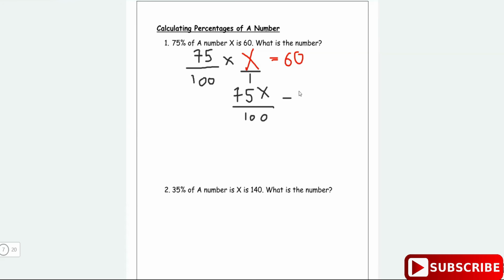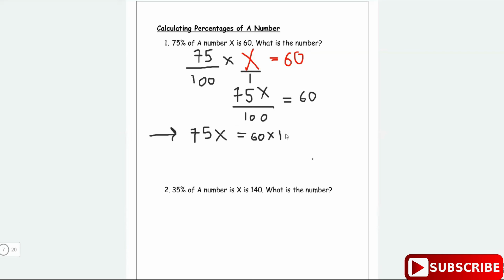That's writing it as one fraction. Then we can cross multiply, and cross multiplying will give us that 75 times X is equal to 60 times 100.